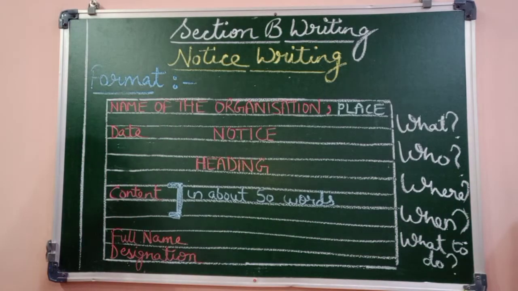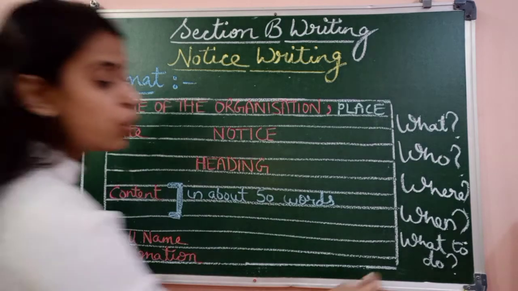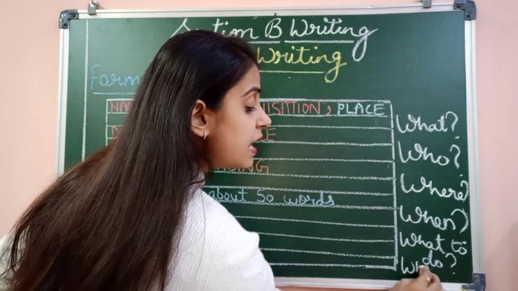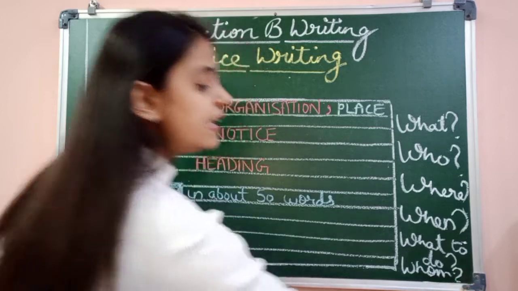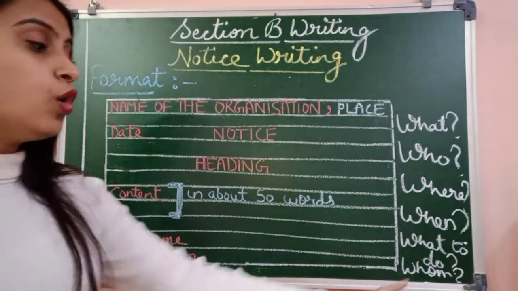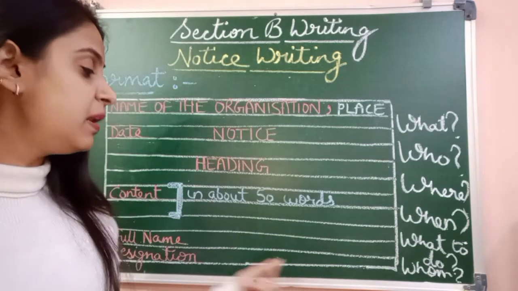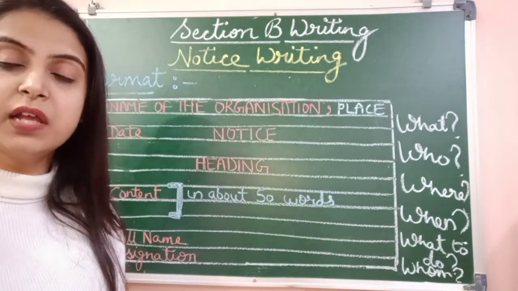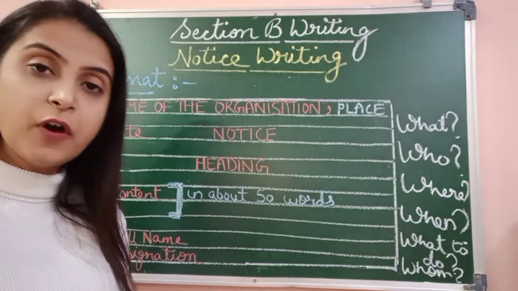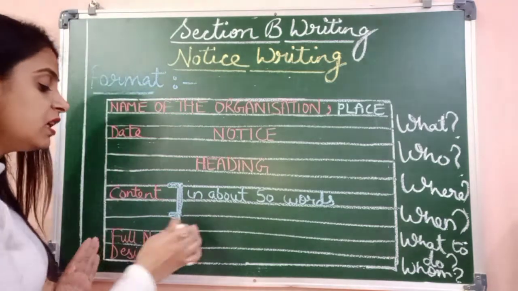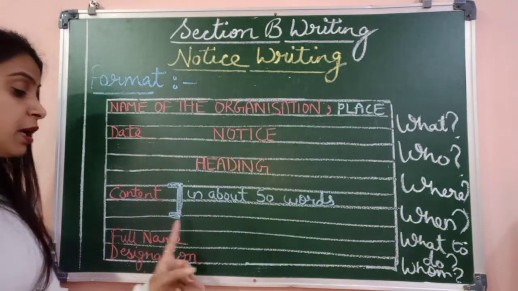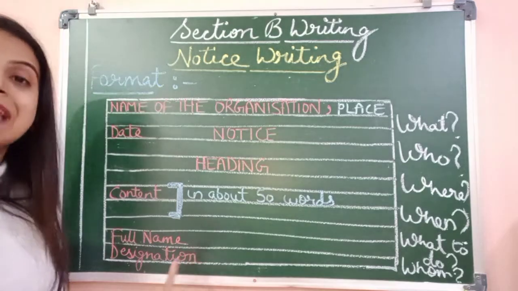Then you also need to mention whom. In case of any problem or issue, whom should the reader approach? For example, in the end you can mention a line saying, for further information contact the undersigned. Undersigned means the person who has signed below.